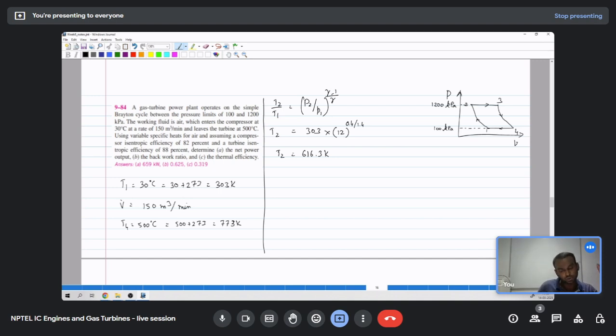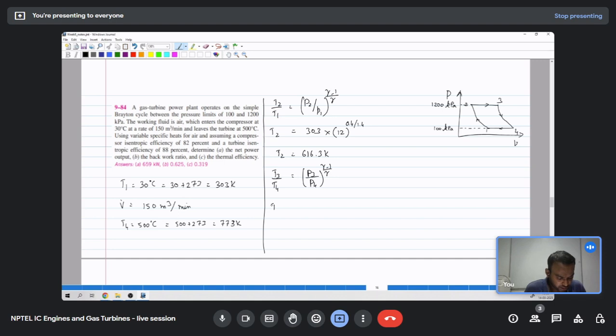And now we do not know the temperature at state 3, but we know the state at 4. So again using a similar expression, T3 by T4 is P3 by P4 power gamma minus 1 by gamma.